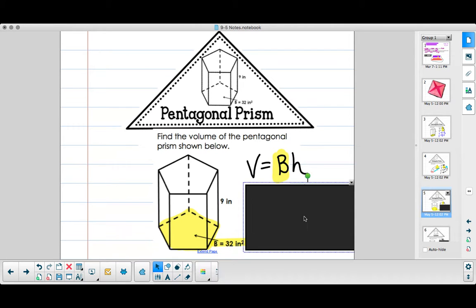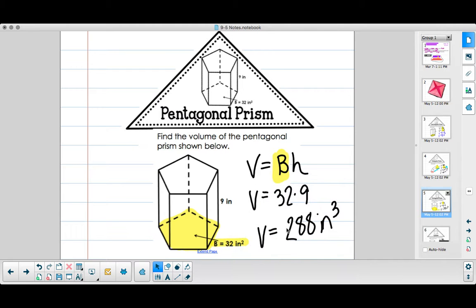So all we have to do is multiply the area, which is the capital B, 32, times the height of the prism from pentagon to pentagon, which would be 9. So 32 times 9 is 288 inches cubed. Again, if they give you a base shape that you're not sure how to find the area of, then there's a good chance that they are already giving you that area. And then all you would have to do is multiply it by the height.